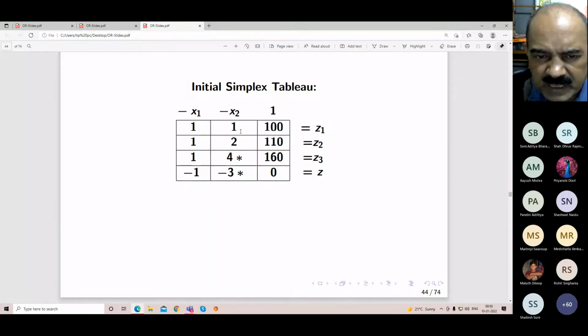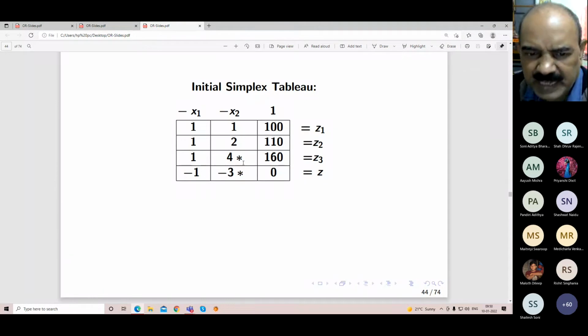Which way do we find the ratio? 100 divided by 1, that is 100. Then 110 divided by 2, that is 55. 160 divided by 4, that is 40. Whichever gives the minimum ratio is selected.